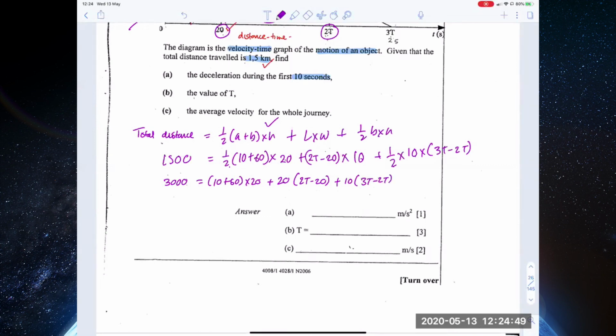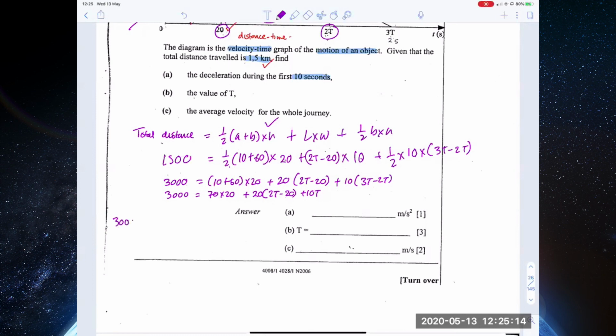Now let's do the brackets. So 3,000 equals 70 times 20 plus 20, and then 2t minus 20, plus 10 times 3t minus 2t, which is t.